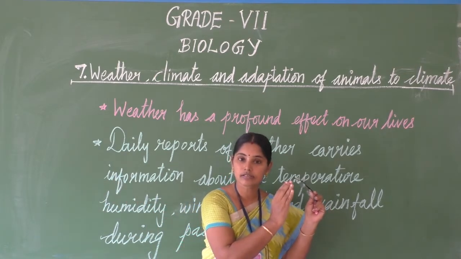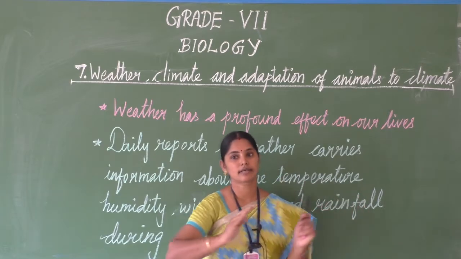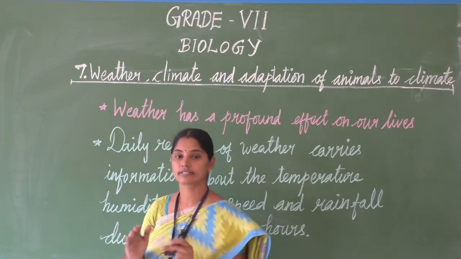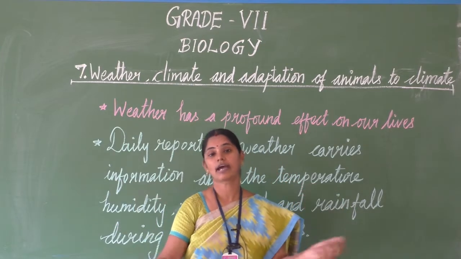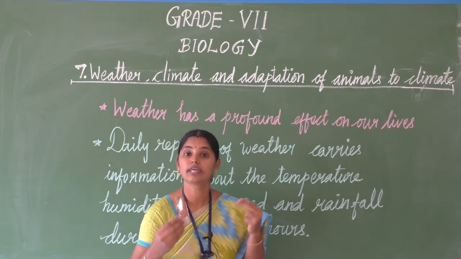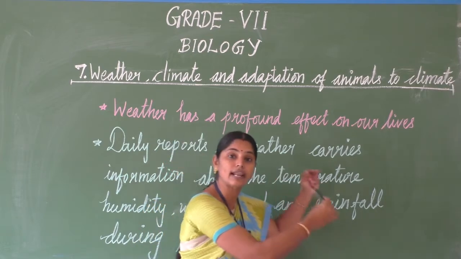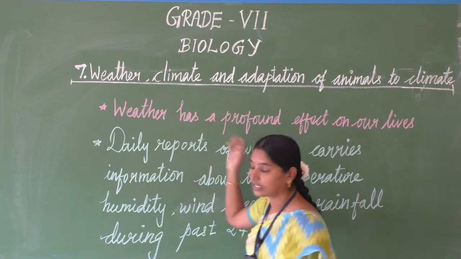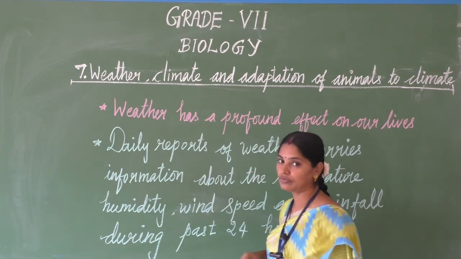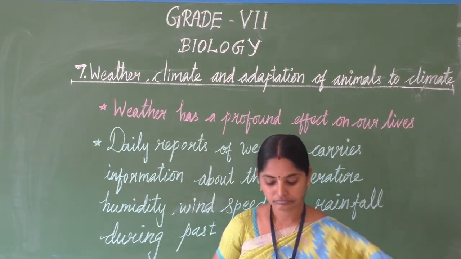Some animals live in desert, some in forest, some in water. So different kinds of animals are there; how do they adapt to their climatic condition? All these things we are going to see in today's lesson. Clear?